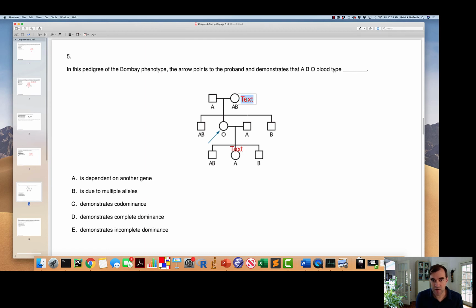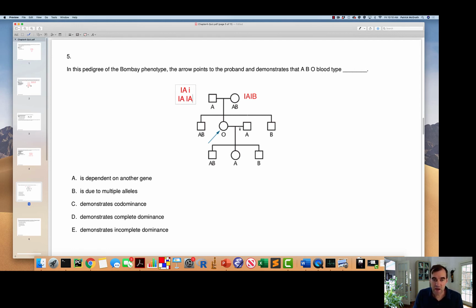We know that this individual right here must have this genotype, and I'm not exactly sure how to do subscripts here, but this is an AB blood type, and so this individual must be I^A I^B. This individual has an A blood type, and so there's two possibilities for this. This individual can either be this or this.